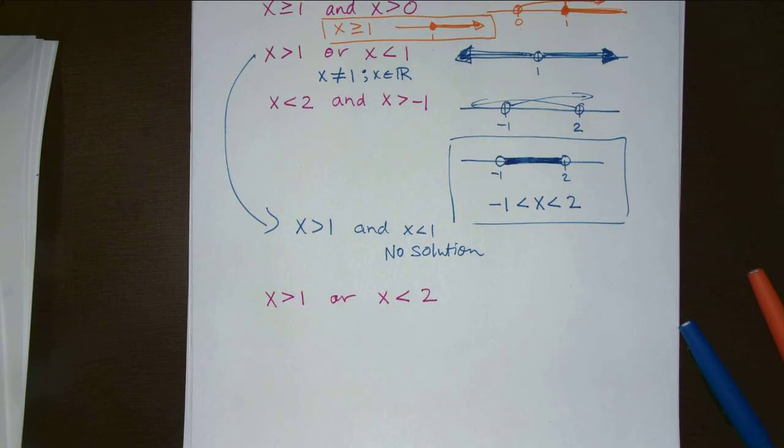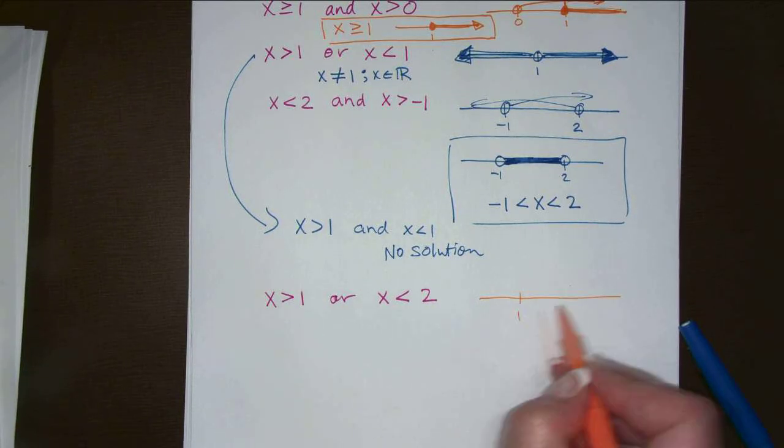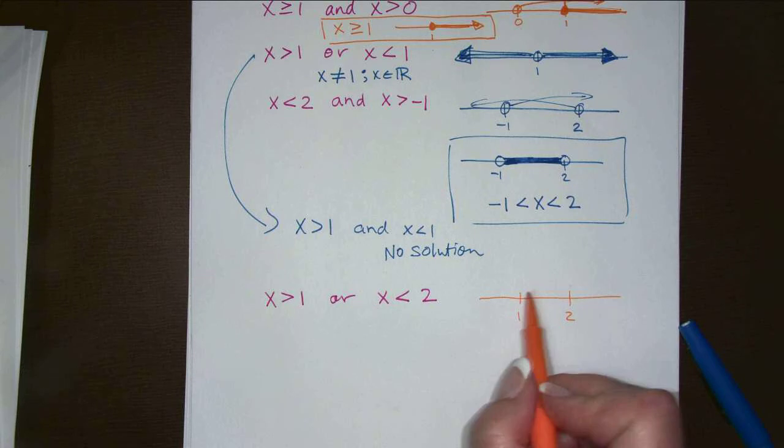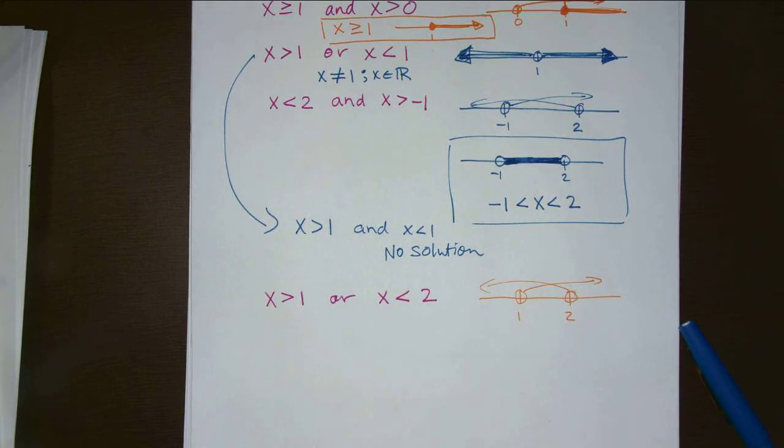Last one. Draw the number line. Greater than 1 or less than 2. So put your 1 and 2 in the right order. Greater than 1, less than 2. And we want or.